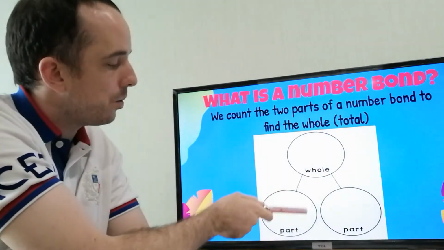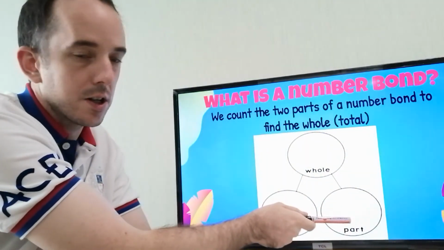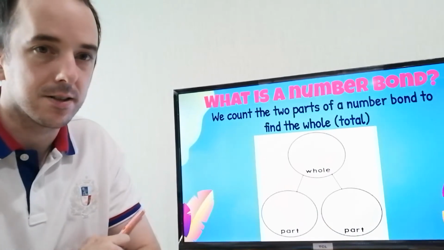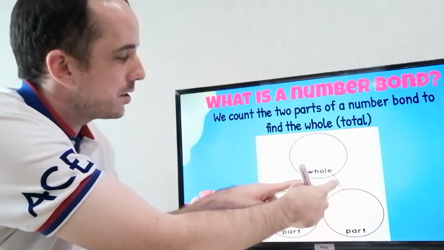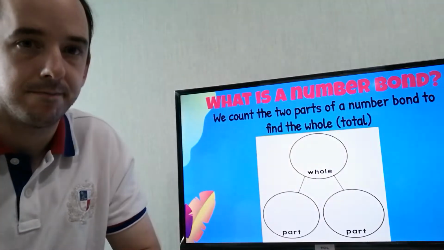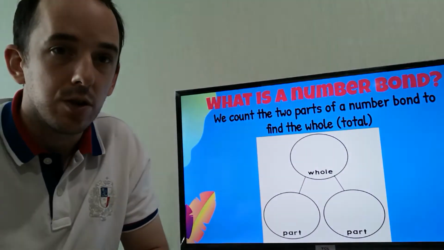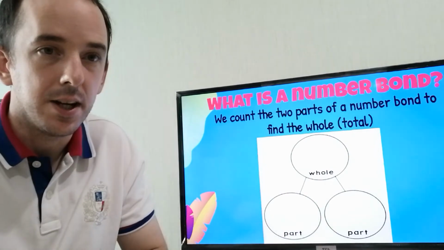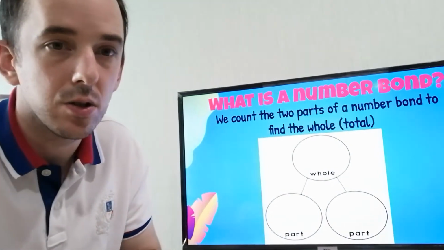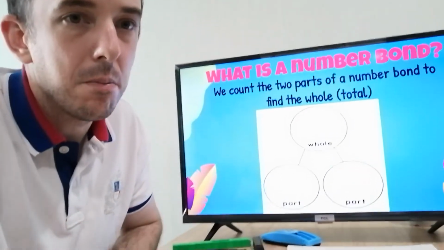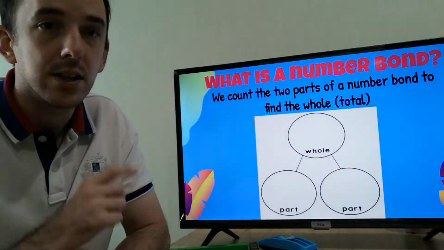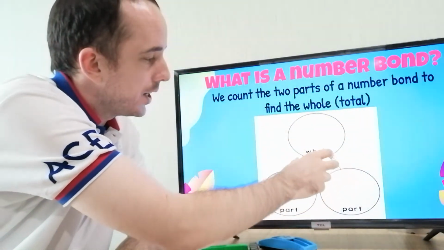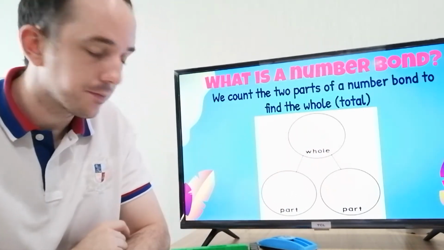So we will have one circle, two circles, three circles. These two circles go into this circle. So we will learn how to use it with numbers in a little minute, but for now you need to know that the number bond will have three circles and two circles will go into one.